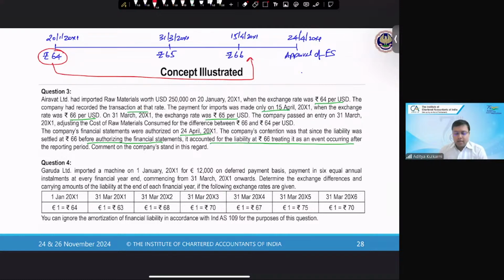On 31st March, the rate was 65. The approval of financial statements happened on 24th April, that is after the settlement of the transaction. So let me tell you what the company has done.